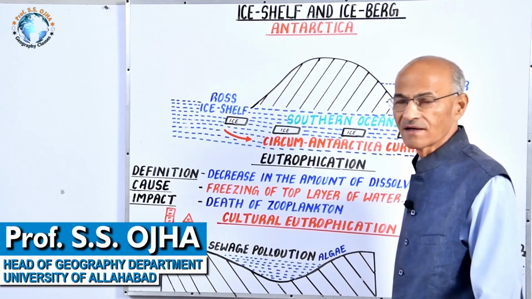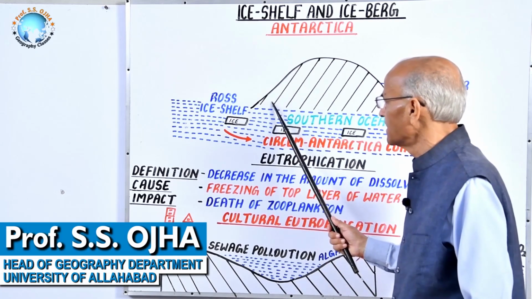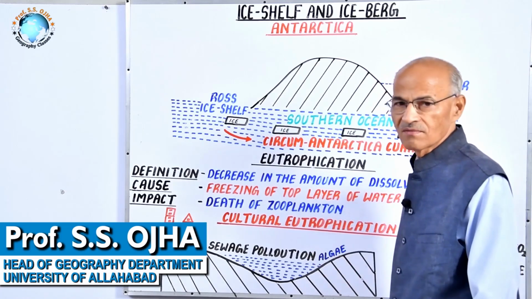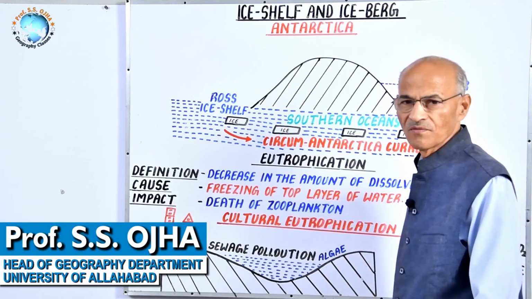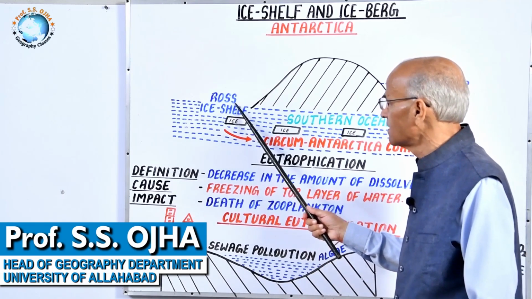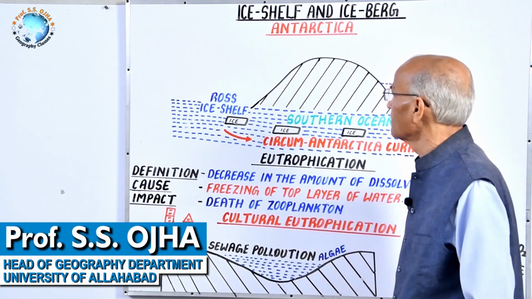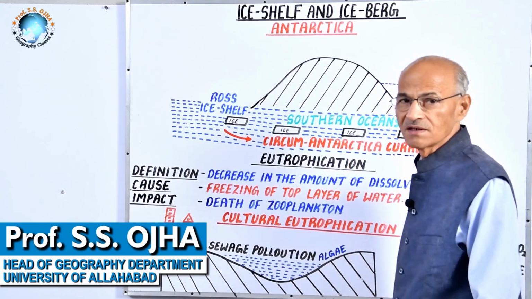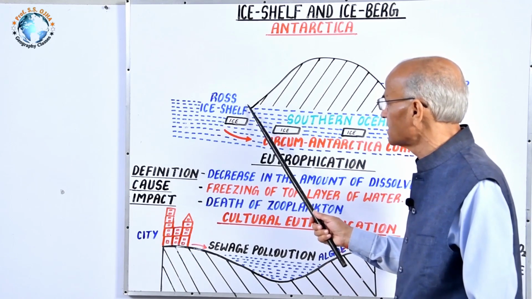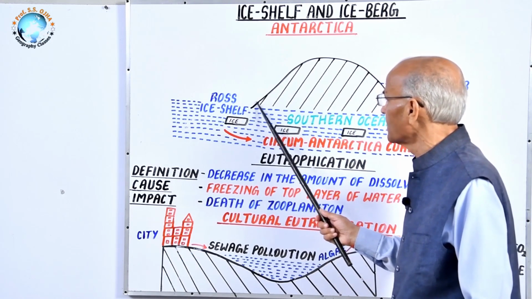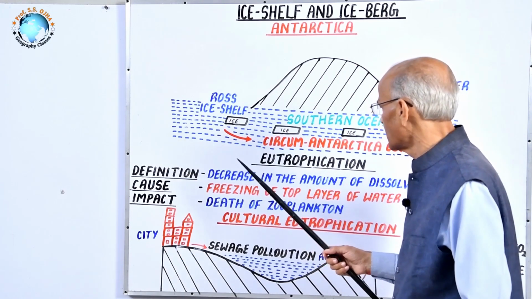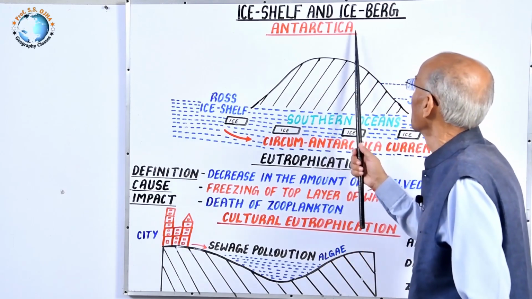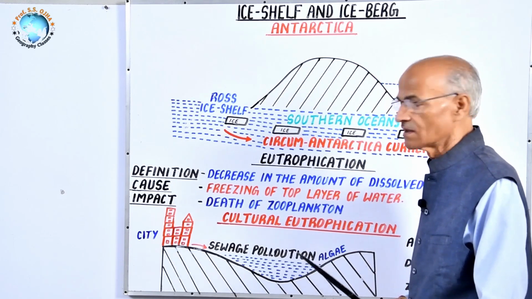For example, the Antarctica continent is covered with a thick layer of ice, but that ice extends over the water body surrounding Antarctica, and it is about 3 or 4 feet thick, and this ice over the water is called ice shelf, while iceberg is its broken part, meaning when this ice shelf is broken and separated from the continental ice and this ice floats on the oceanic water, that is called iceberg. Iceberg is the floating part of ice on water.